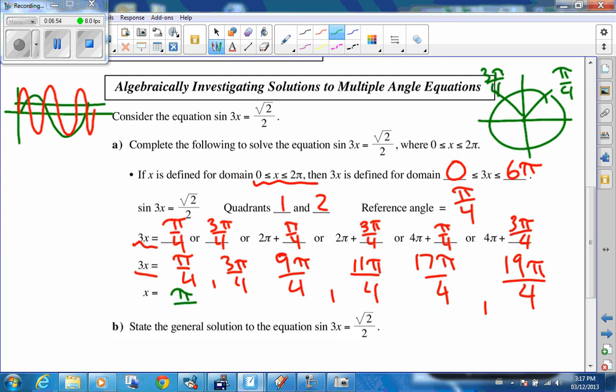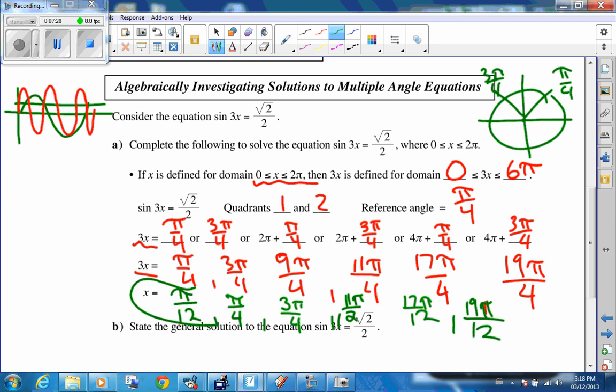So I'm going to get pi twelfths, 3 pi twelfths, which is the same as pi quarters. This is going to give me 9 divided by 3 is 3 pi quarters, 11 pi twelfths, 17 pi twelfths, and 19 pi twelfths.